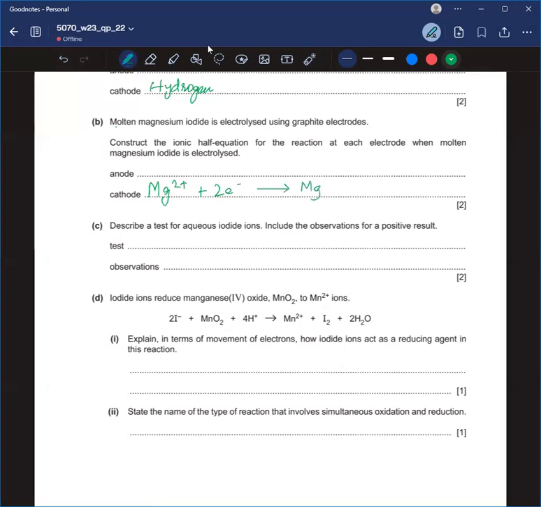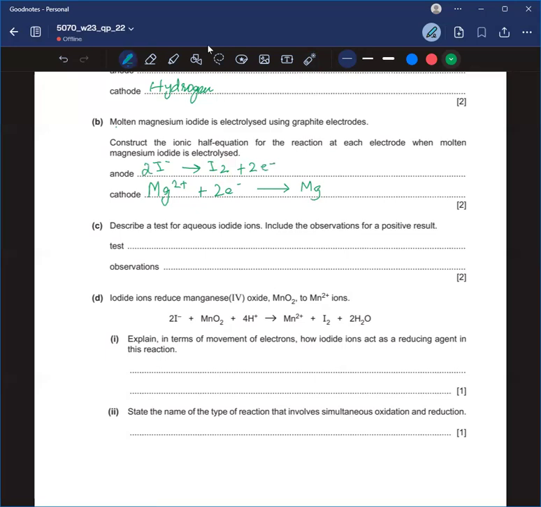And at the anode, we'll have iodide, and we have to make iodine. So here we have two iodide, so we'll place two and two negative, I mean two extra electrons. To make it neutral, two electrons will be removed.